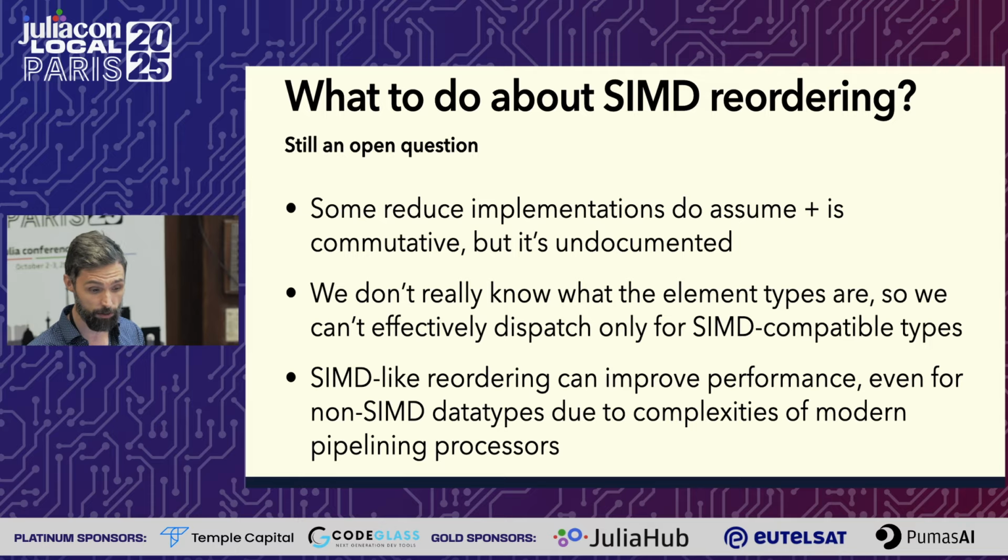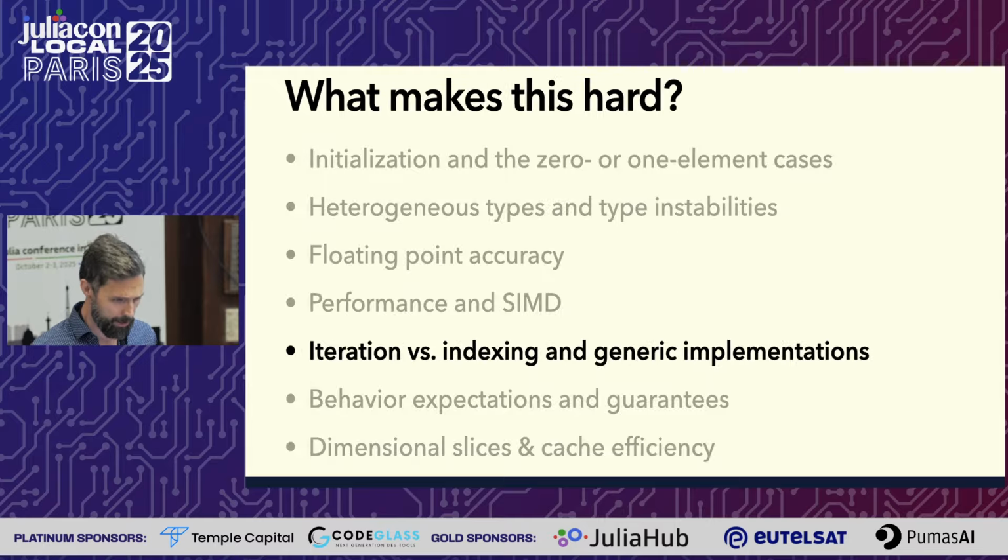Maybe we want to assume that plus is commutative, or we could say that the plus operation that sum uses, which is slightly different, is commutative. We have an internal add sum function that enables some other functions. That would help with the sum function itself, but it wouldn't help with other things. Not sure.